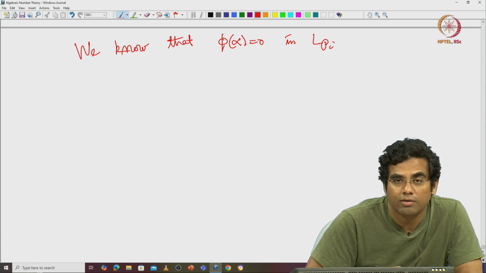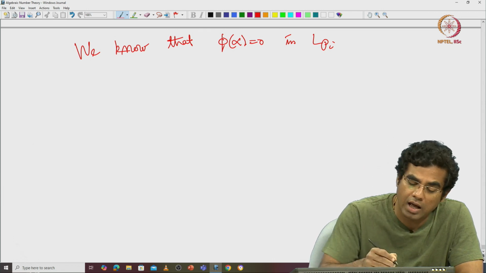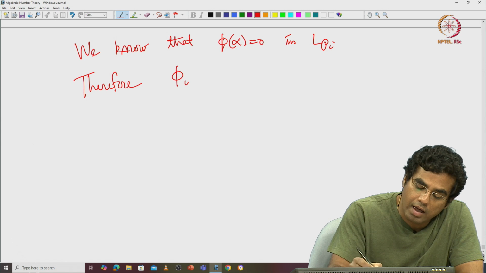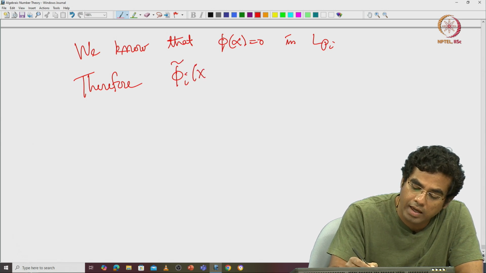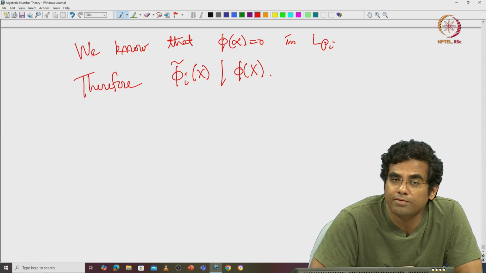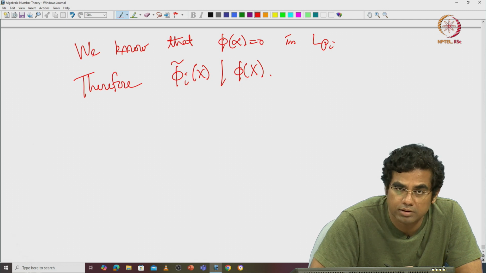It is, phi of alpha is 0 in L and L sits inside L_{P_i}. Therefore, phi_i tilde of x divides phi of x. So, now we know that each phi_i tilde of x divides phi of x, and we also know that phi_i tilde is irreducible over K_p.